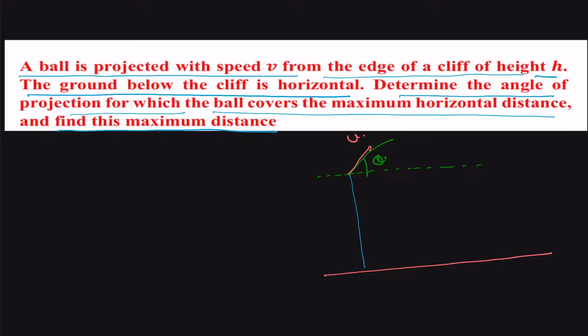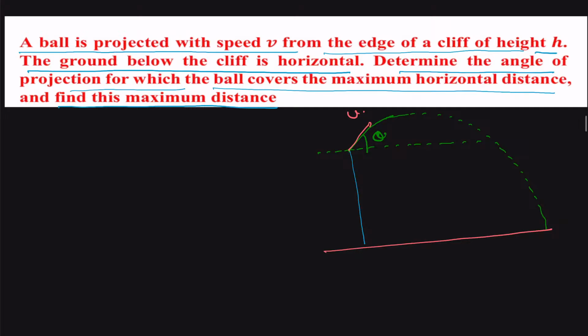So this projectile is going to follow the path, and it will be going something like this here. And we are given that h is the height of the cliff.